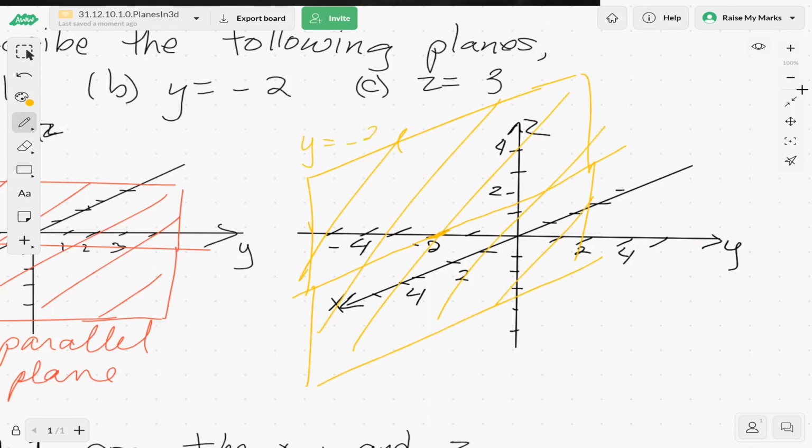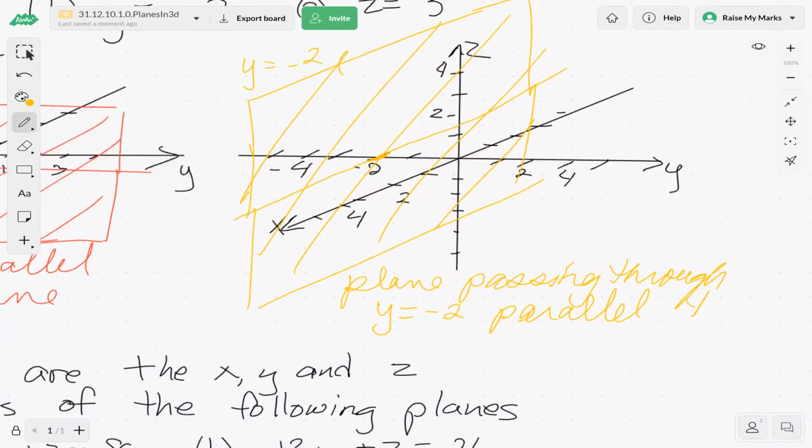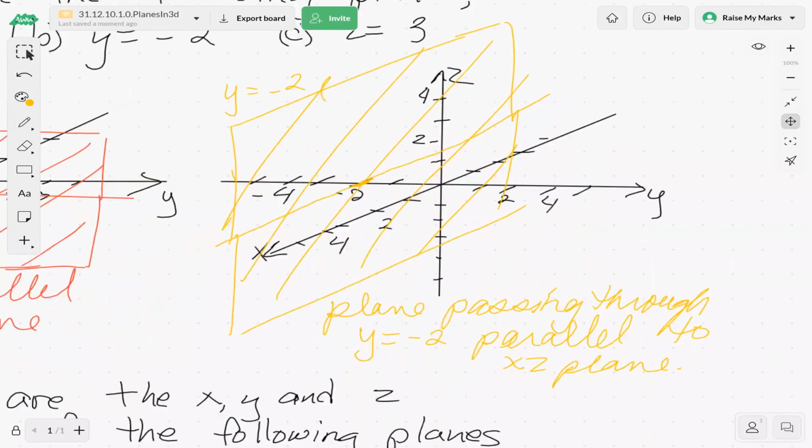Y equals -2 is a plane passing through y equals -2 parallel to the XZ plane. All right. So I think we're getting the idea.